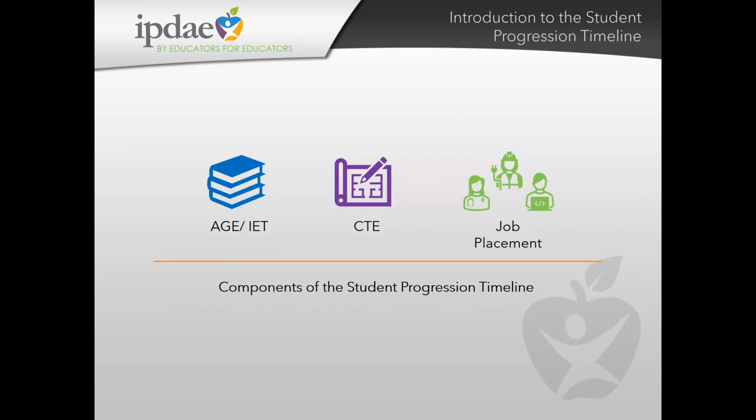In the Adult Education and Integrated Education and Training component, adult educators will collaborate with CTE teachers to teach the skills needed to compete in a career and technical education program, and more importantly, to succeed in job placement.